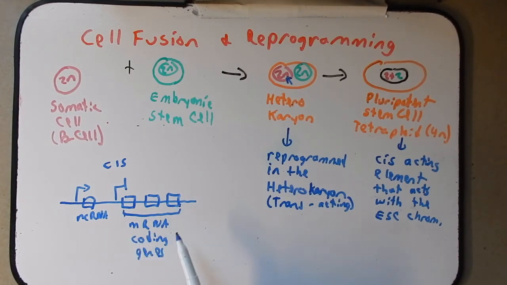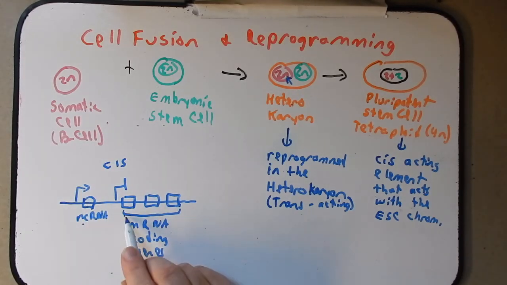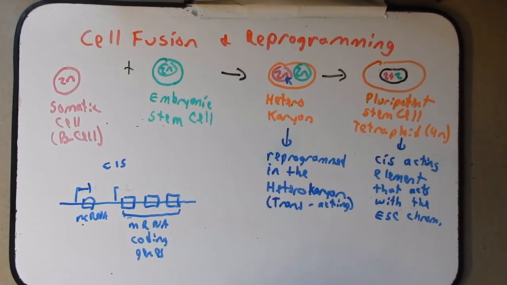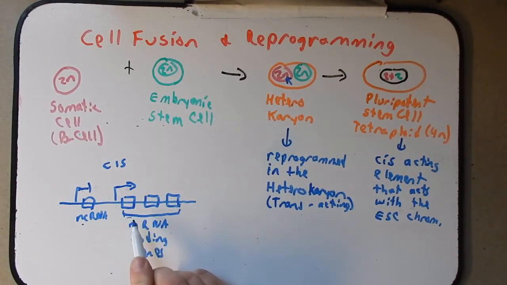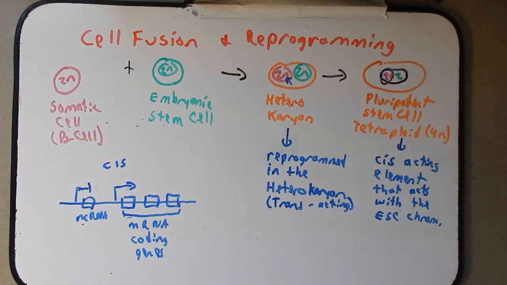So it's possible that in the embryonic stem cells, there is an activation of a non-coding RNA that keeps these genes off. But in the somatic cells, it's the reverse. These genes would be expressed. You could also imagine that in embryonic stem cells the non-coding RNA is not expressed, and so these genes would be expressed. But we suspect it's cis-acting, since we specifically lose the somatic cell chromosomes and not the embryonic stem cell chromosomes.